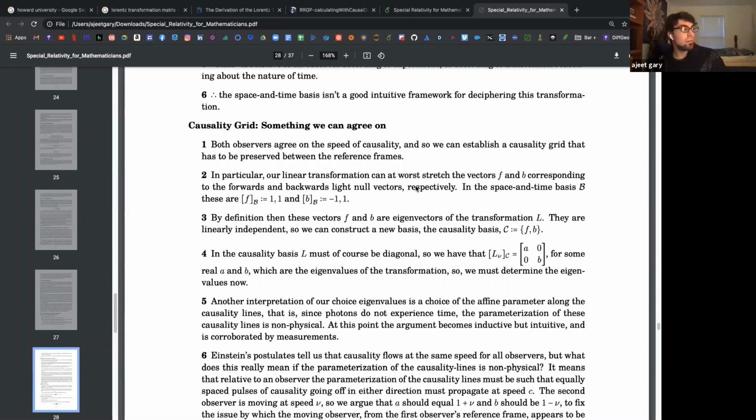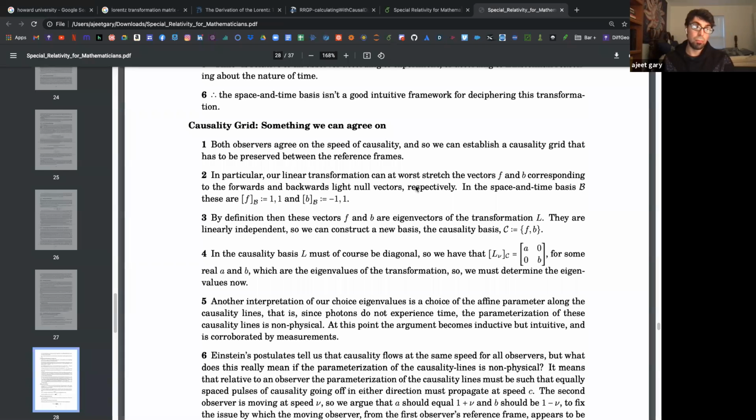Okay, so we have these two vectors that are linearly independent, and that already is justification for them to be a basis, but even better, we know that at worst, our linear transformation can only stretch these vectors. They can't rotate them. To rotate them would be to change their slope, which would mean that in the other reference frame, light moves at a different speed.